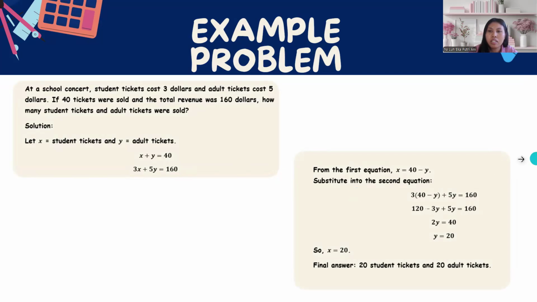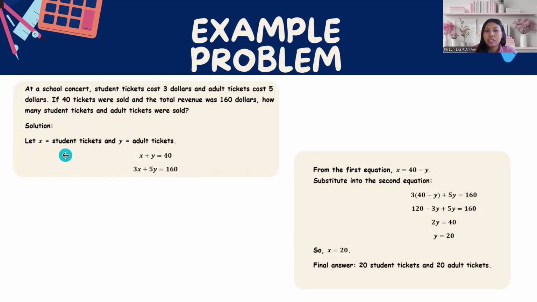At a school concert, students' tickets cost $3 and adult tickets cost $5. If 40 tickets were sold and the total revenue was $160, how many student tickets and adult tickets were sold?